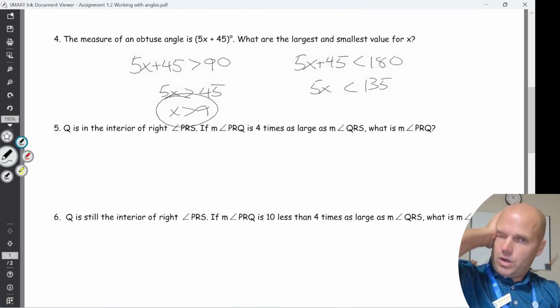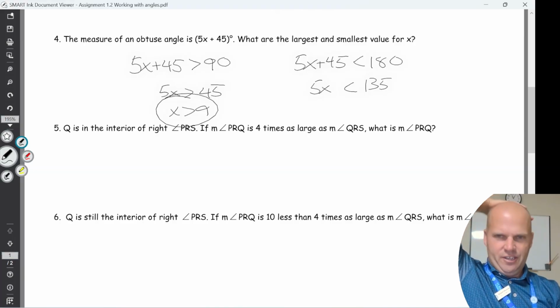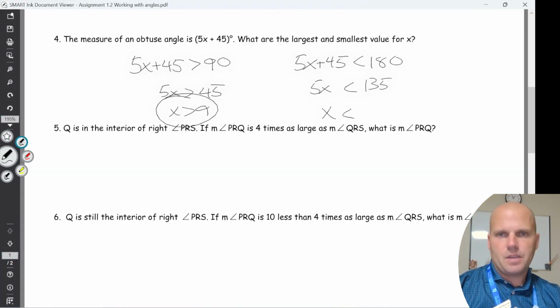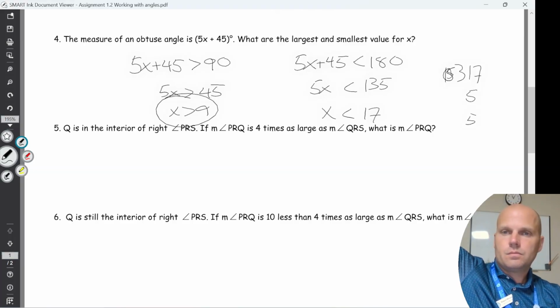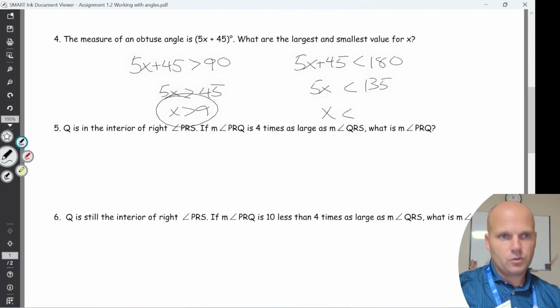Divide by 5 and I'm getting that x has to be less than 27. There you go. That's how it works out.